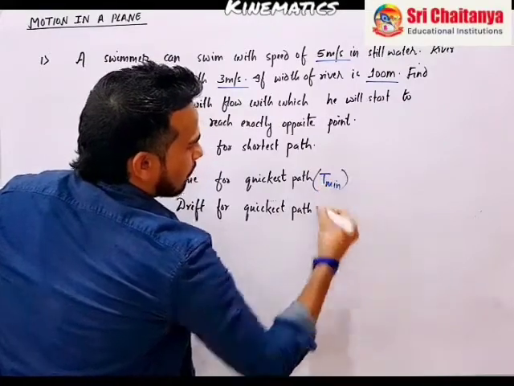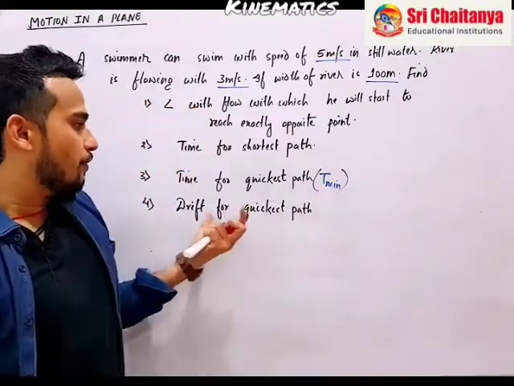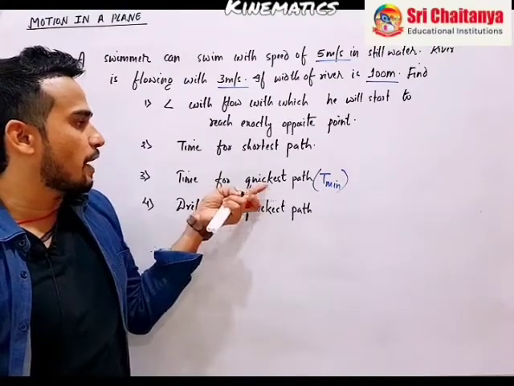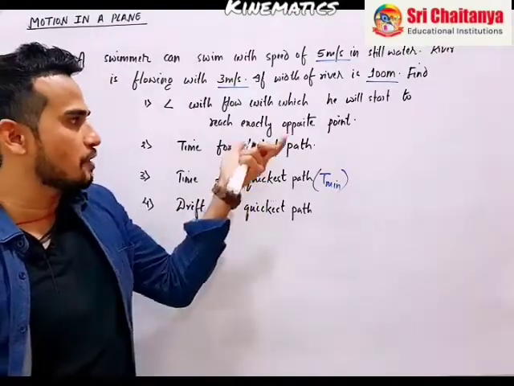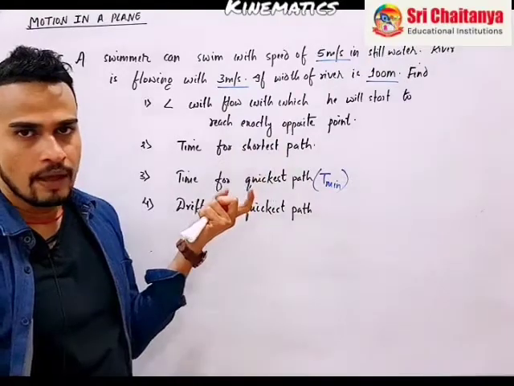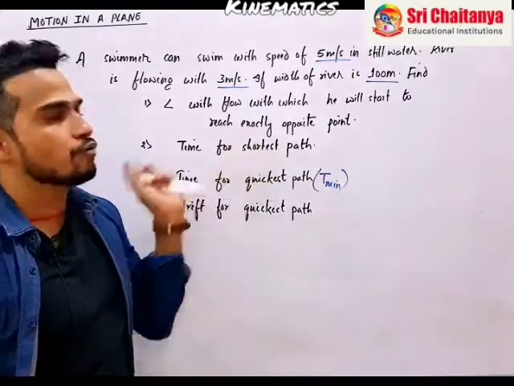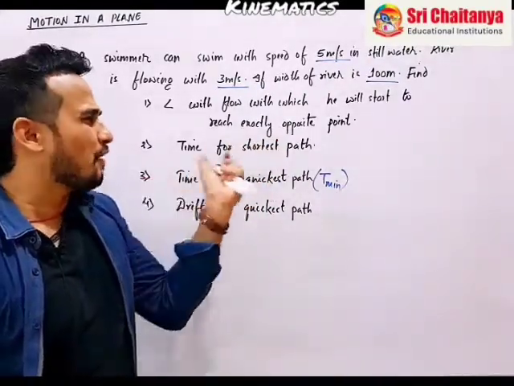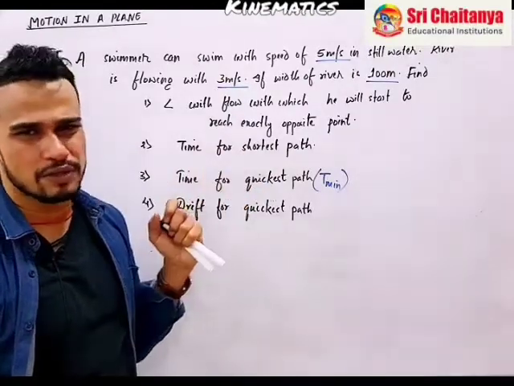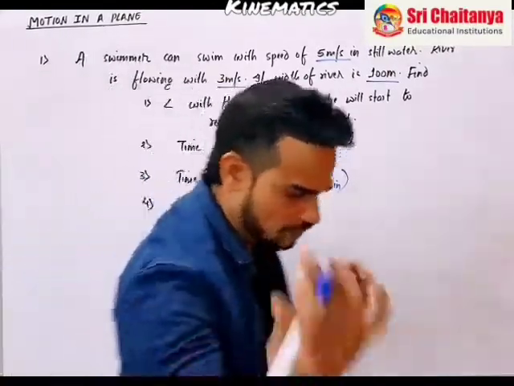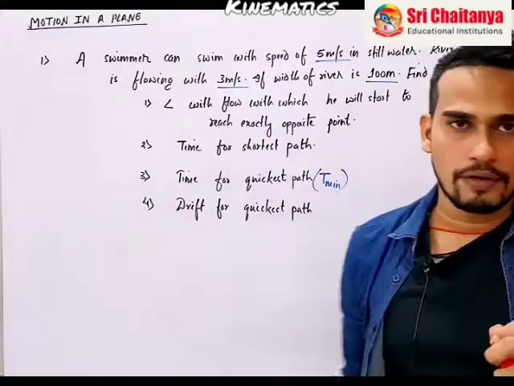Next one, the drift for the quickest path. So all those 4 results that we studied just now will be used here. Just to revise how to apply those results, I have taken this situation. So just see how I will solve.